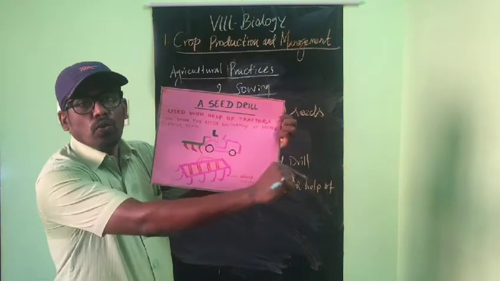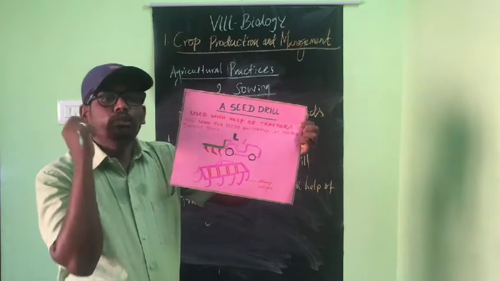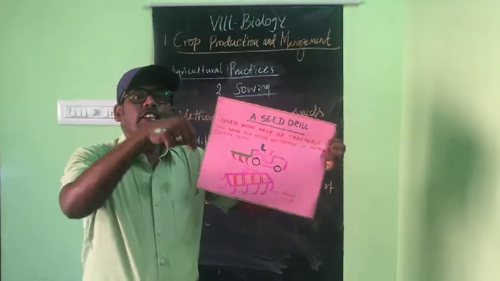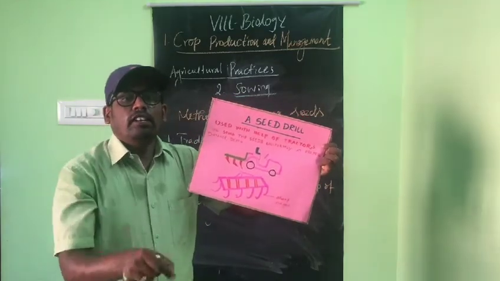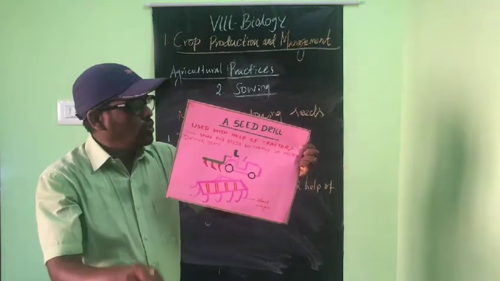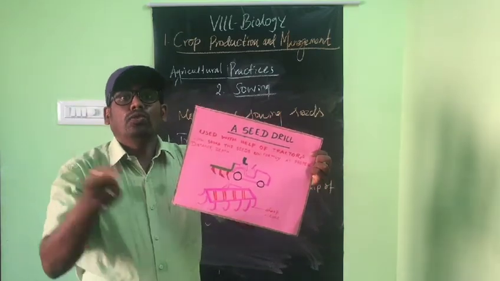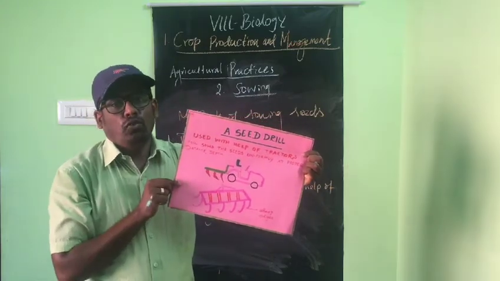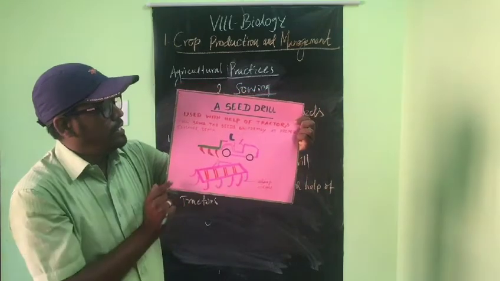Whenever the tractor moves, the sharp edges, made of steel, pierce the soil and make a hole, and the seeds are put inside the hole. The tractor is also used for ploughing, and with the help of the seed drill, for sowing. So this is the structure of the seed drill.